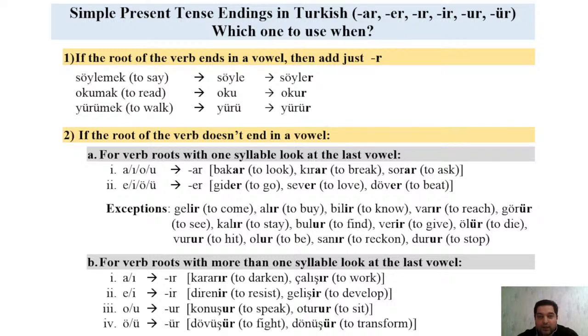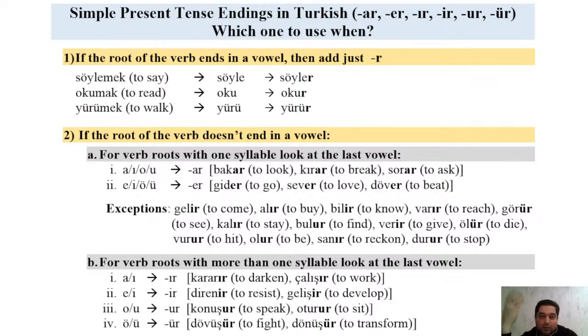The second, if that is not the case, if the root of the verb doesn't end in a vowel, then there are two options. So the first option is you have to look at the last vowel in the syllable of the root of the verb, okay? So the first case is what?